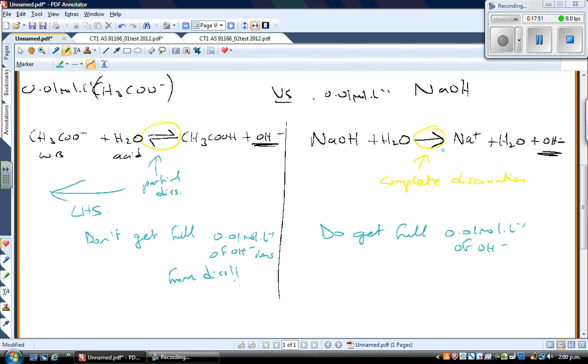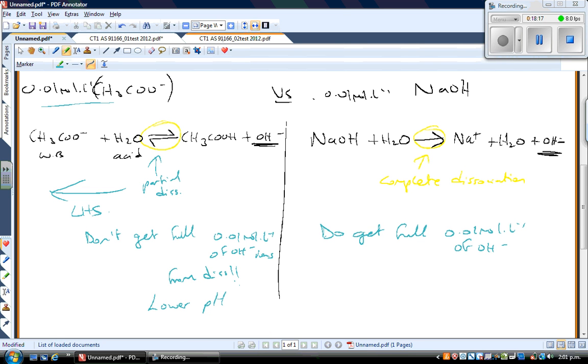So without having to do any calculations, because you haven't been taught how to work out the pH of a weak base yet, you can clearly rank the ethanoate as having the lower pH, because it favors the less production of OH minus ions. Therefore it's in favor of the more acidic pHs.